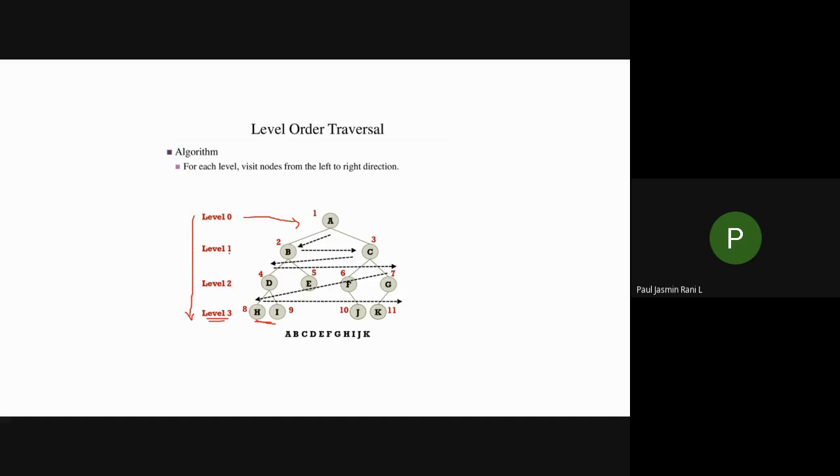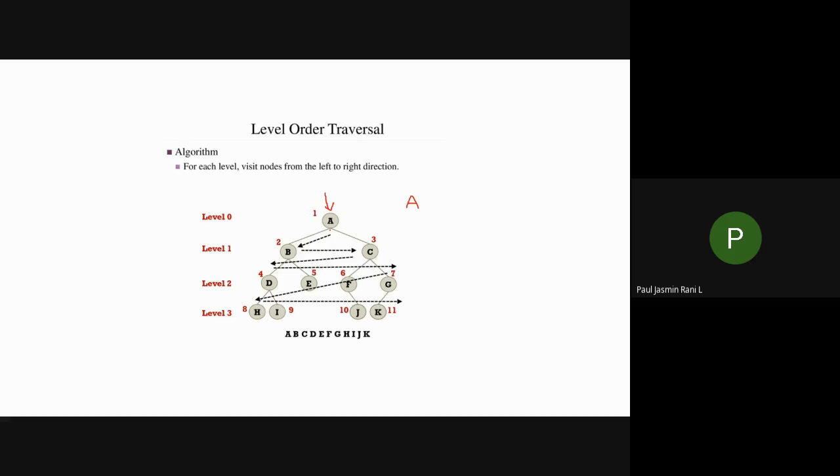So level 0, then level 1 you have B and C, level 2 you have D, E, F, G, and level 3 you have H, I, J, K. So how you have to do your traversal means, first you have to visit your A. Initially you will be at this position, so you are going to visit this A. From A, always remember that you have to go in a zigzag manner.